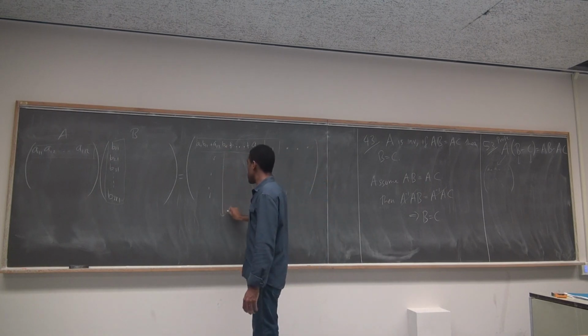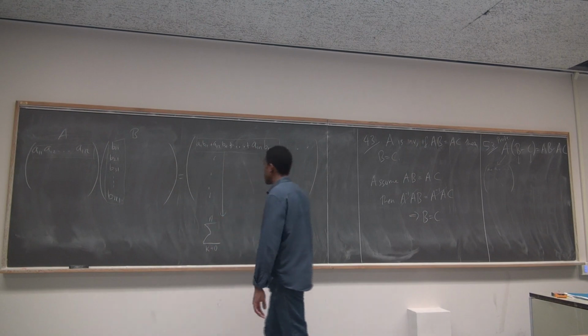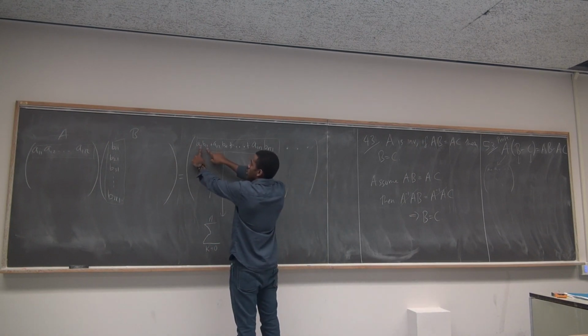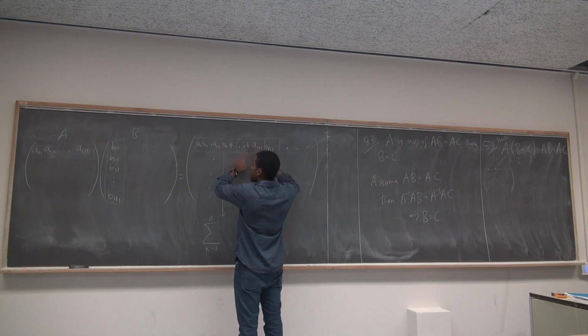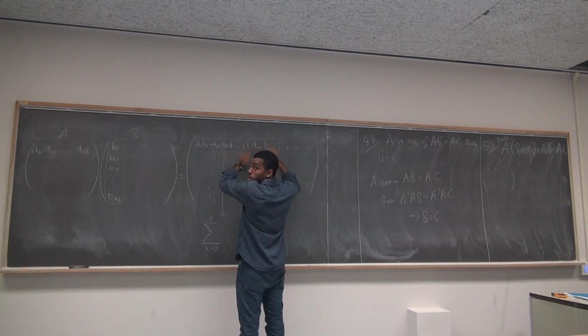Now notice what this is. I can write this as a summation of a bunch of elements. Let's use K. Notice the pattern that I'm seeing. The outside numbers are always the same, and the inside numbers are also always the same.